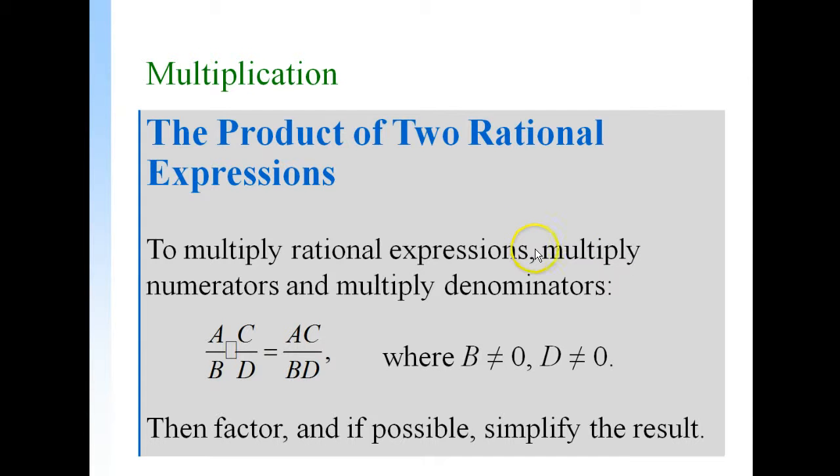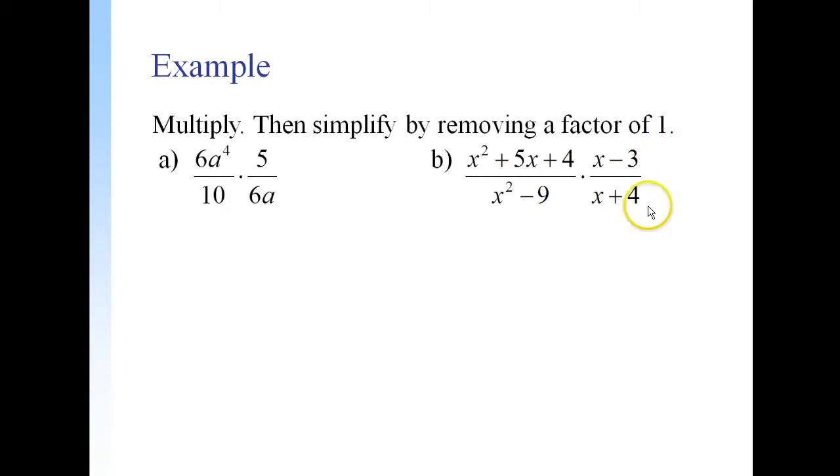All right, so that was if we had something and we wanted to simplify it. Now what we're looking at is multiplying 2 fractions, 2 rational expressions. And again, you want to cancel out wherever you can. So let's just do one here to show you the process.